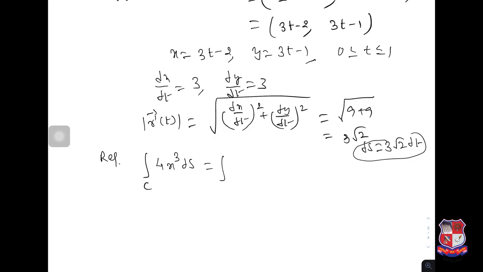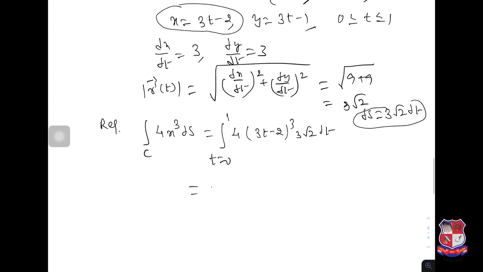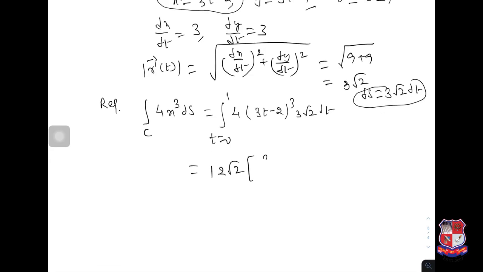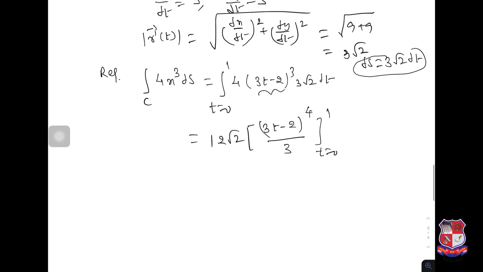So that is equal to the integral with t from 0 to 1 of 4x³, and x is (3t - 2)³, and ds is 3 root 2 dt. So this is 12 root 2, and integration is easy then: (3t - 2)⁴ upon the derivative of 3t - 2, which is 3, with t from 0 to 1.